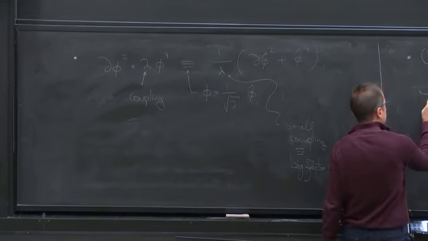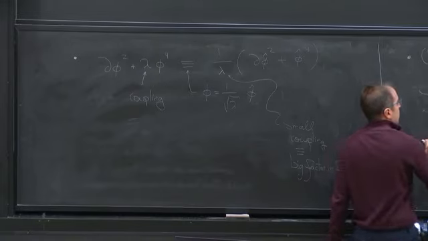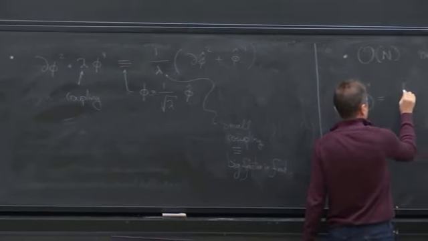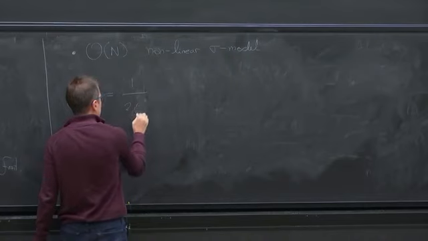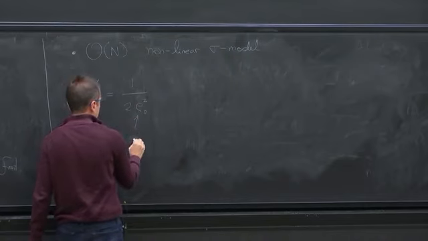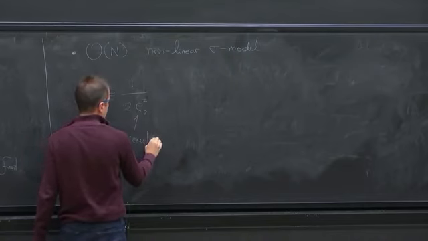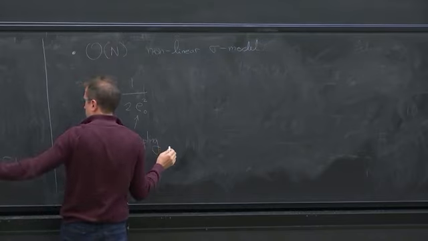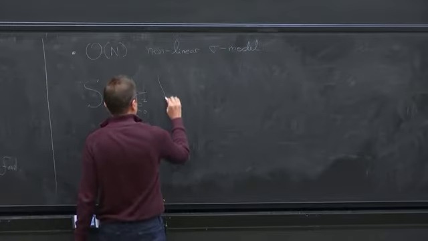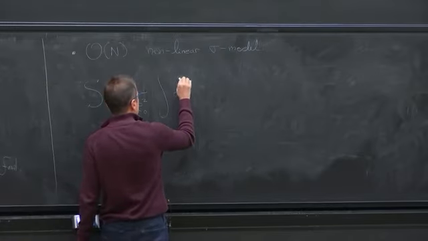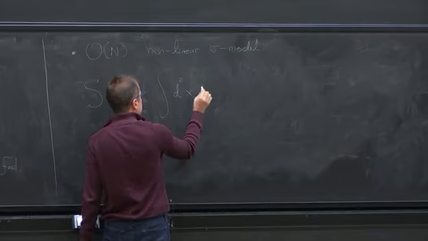The action is going to be, there will be some coupling in front. So this would be the coupling. Again, it's in front, so when it's small, this factor is big. So this g_0 would be the coupling, and it should be small. And then there is an integral. It's a two-dimensional model. We are going to consider d^2x.